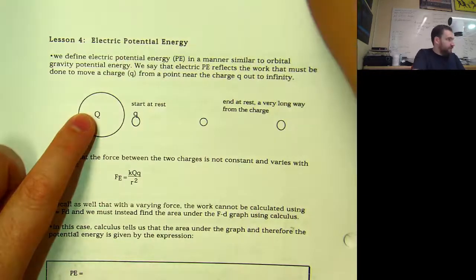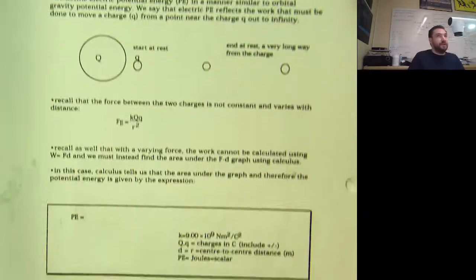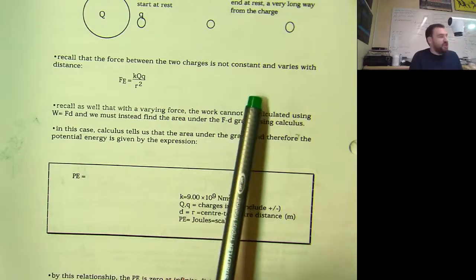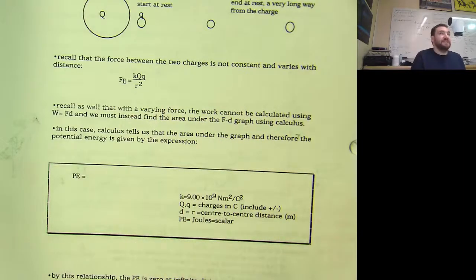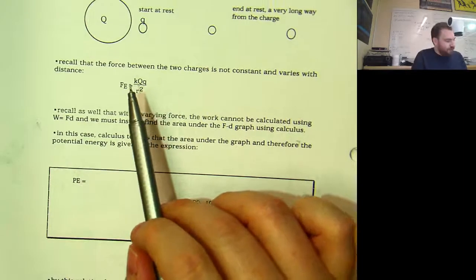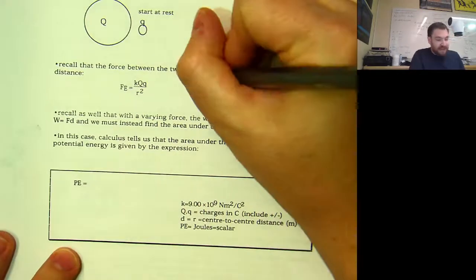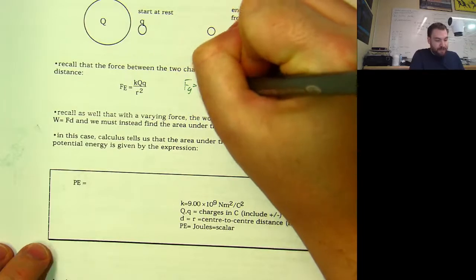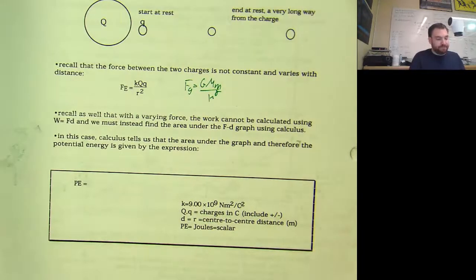Three of you nodded, so I'm just going to assume that is true, and Toby nodded, so we're good. So recall the force between two charges is not constant and varies with distance. Fe equals kQq over r squared, just like Fg was equal to GMm over r squared.